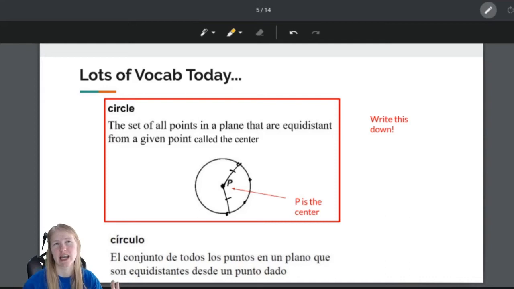We usually name the center of the circle point P. So P is the center of this circle. Every single point on the outside of this circle is the same distance away from that center. That's what's so special about a circle, and that's why we care about them so much.